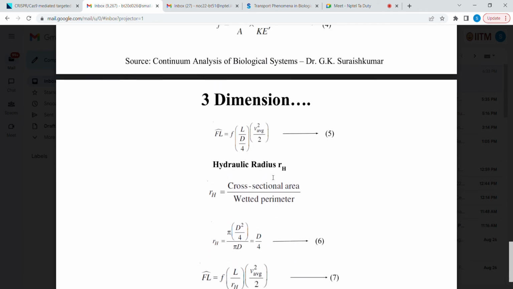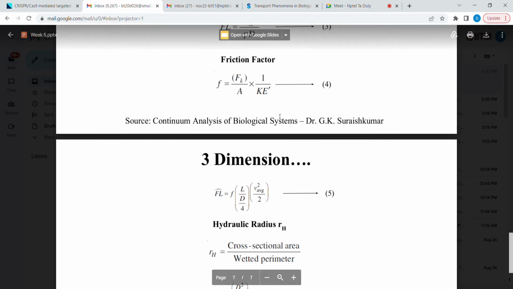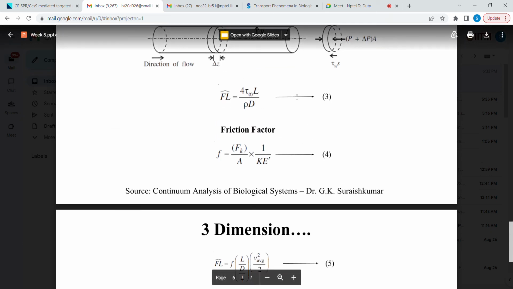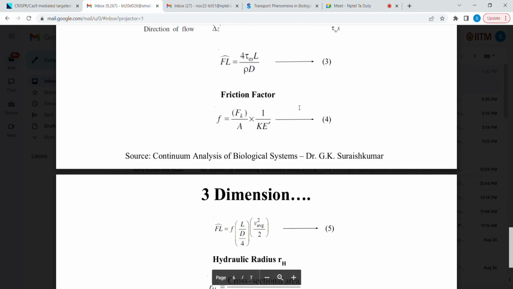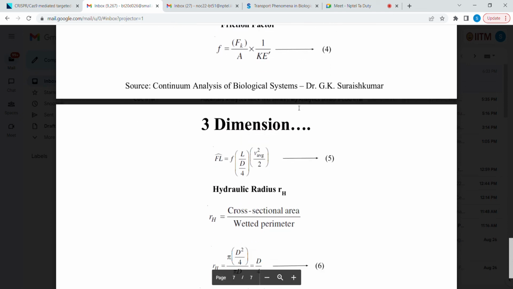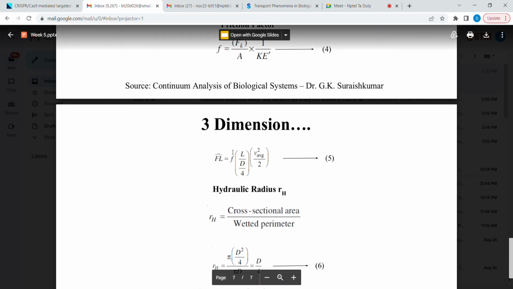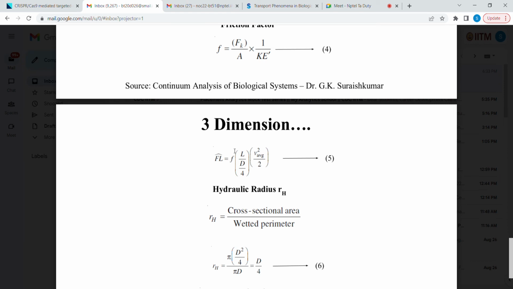Now, if you take this friction factor and substitute it into the derivation, and that derivation is explained, as I said, in the lecture, we get this equation: FL hat equals F into L divided by D by 4, into the average velocity squared divided by 2.